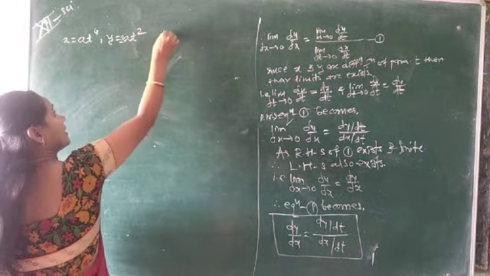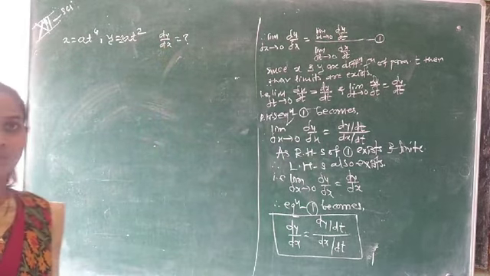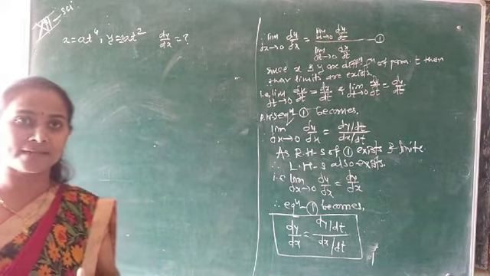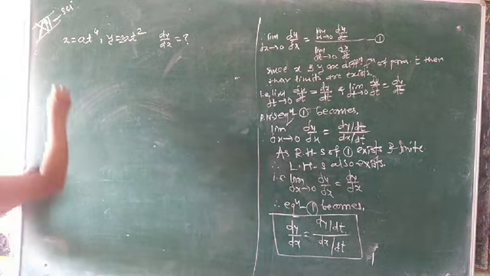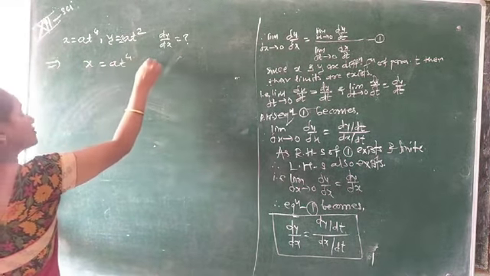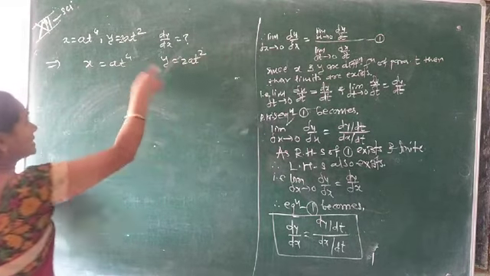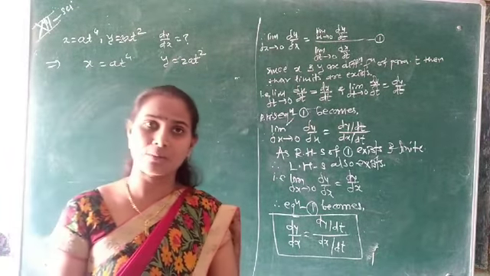This is a parametric function. Both x and y are functions of the parameter; t is a parameter here. So the solution: x is equal to a t raised to 4 and y is equal to 2a t square. Now x and y both are functions of parameter t.